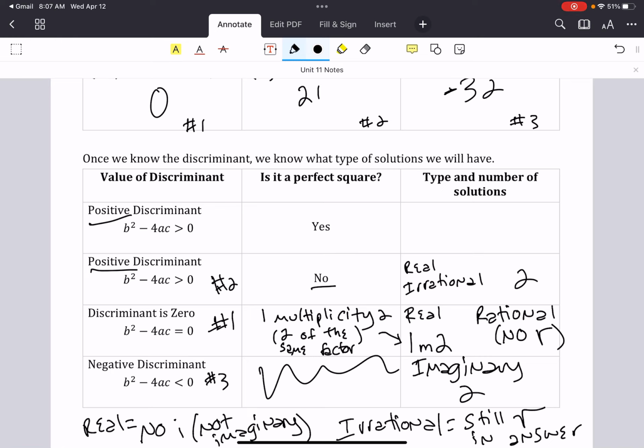Good. So if it's a positive and a perfect square, there's going to be 2. They'll be real, meaning no I, and they'll be rational, meaning no square root. Those are our favorite because they're the nicest ones. Those are the ones that we end up with answers like x equals 2 and 5, right? Super nice numbers, okay?